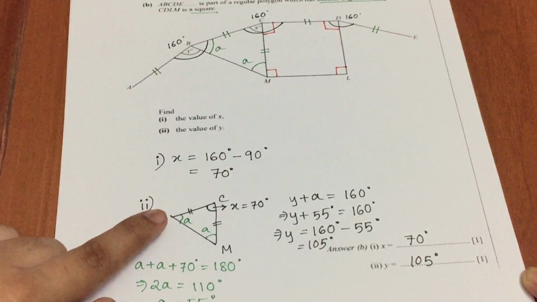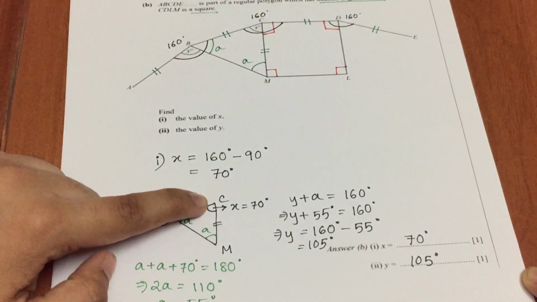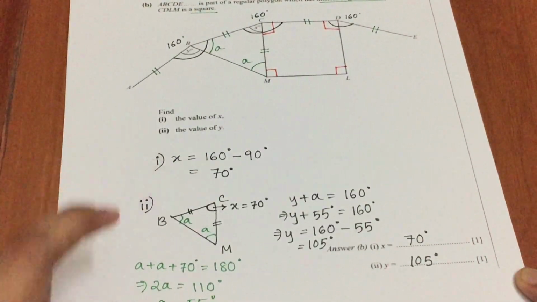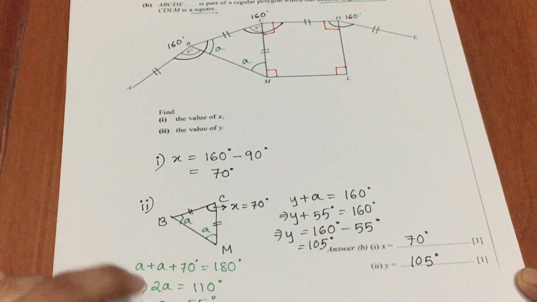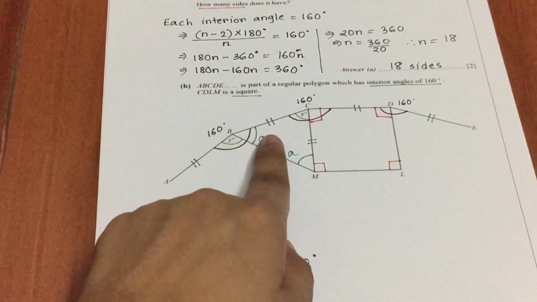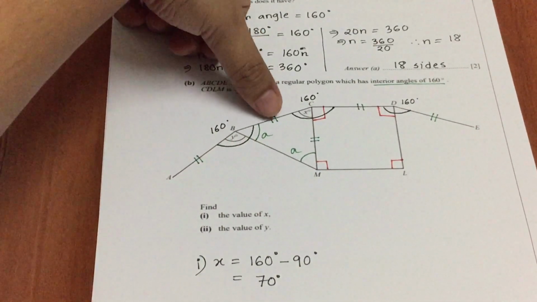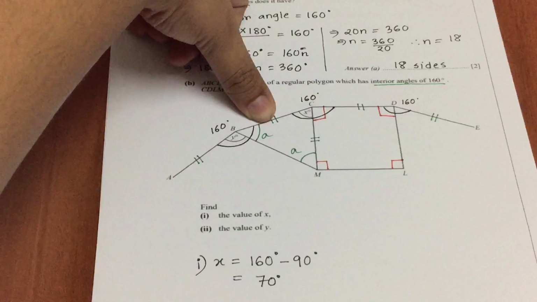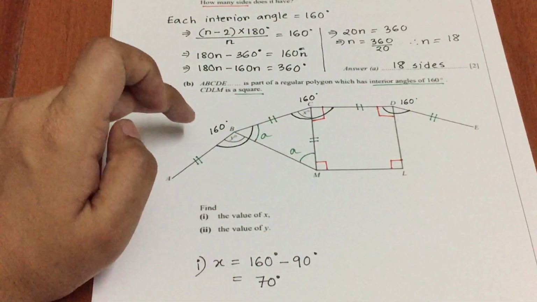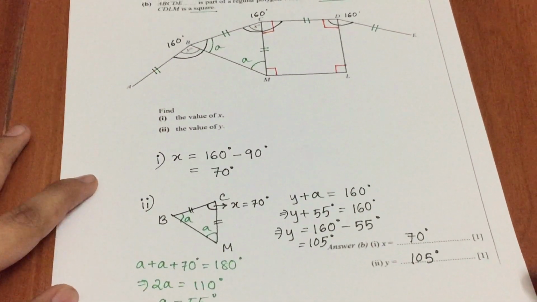So I have considered the angles to be A, A, and C is x, which is 70 that we found out in number 1. So I found out A, which is 55. So this angle here, as you can see, is 55. So if this entire angle is 160 and this part is 55, I can easily find out y by subtracting 55 from 160. So that's how I did y.